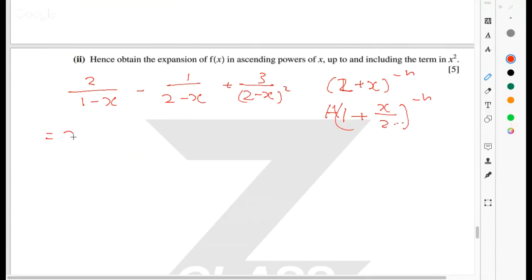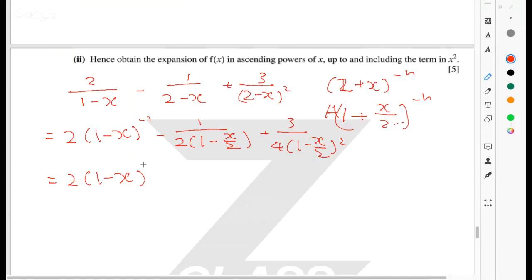The first term is 2 times 1 minus x to the minus 1. The second term, we can write as minus a half, 1 minus x over 2 to the power of minus 1. And the third term, we can write as 3 over 4, 1 minus x over 2 to the power of minus 2.